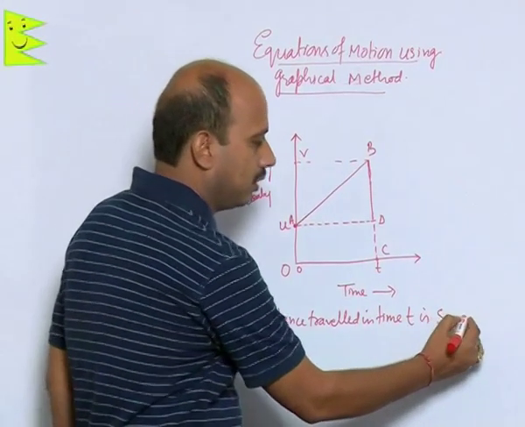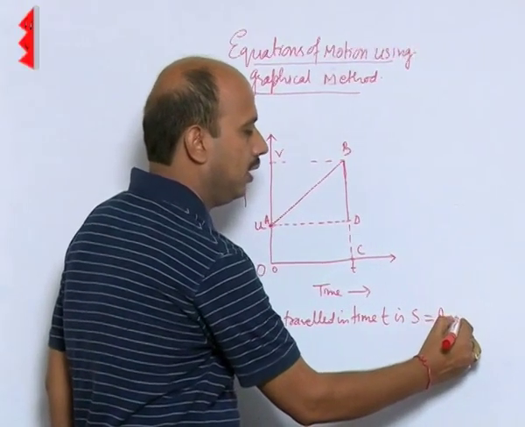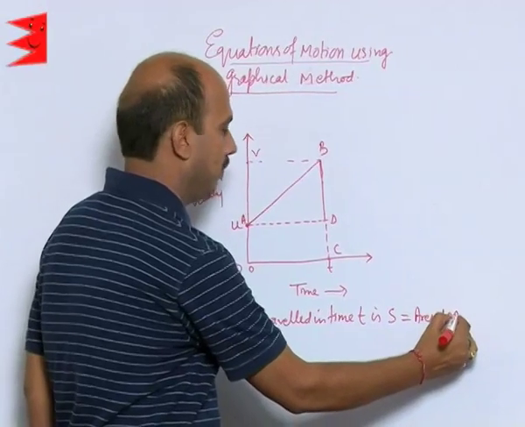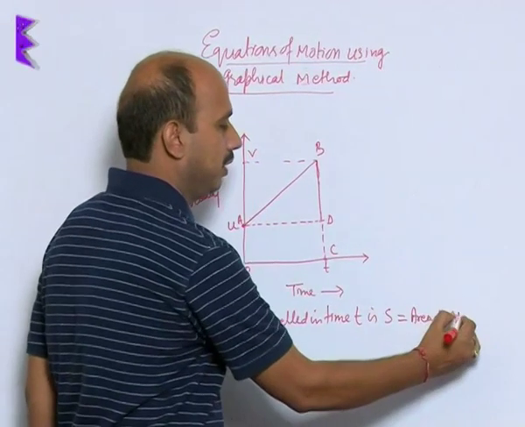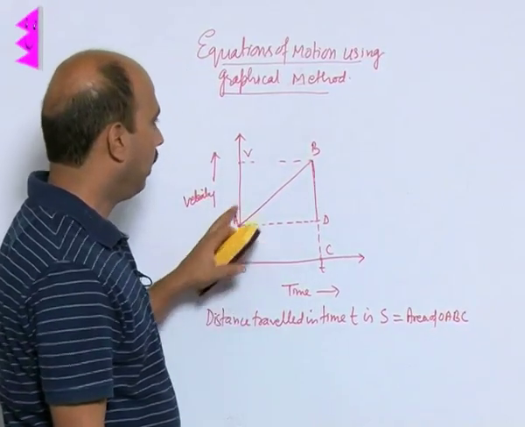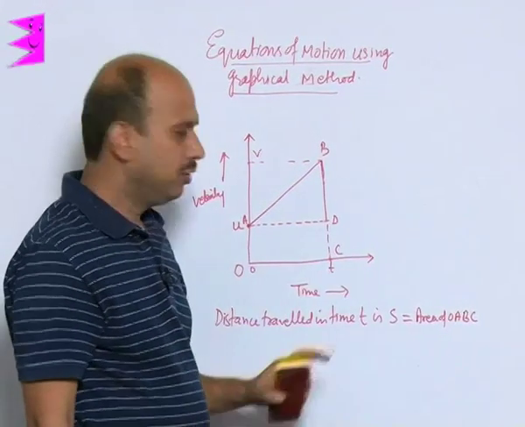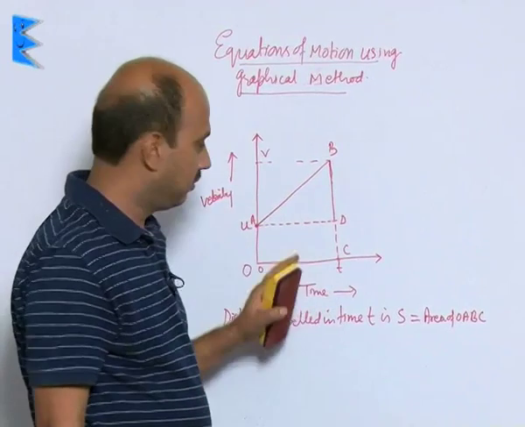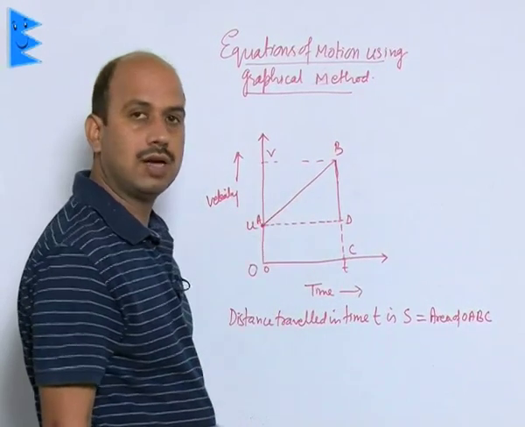So, we can write here the area of OABC. We can divide this area into two parts, one is a rectangle, one is a triangle.